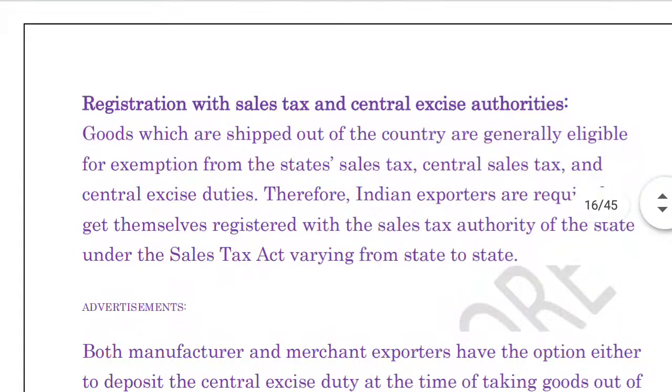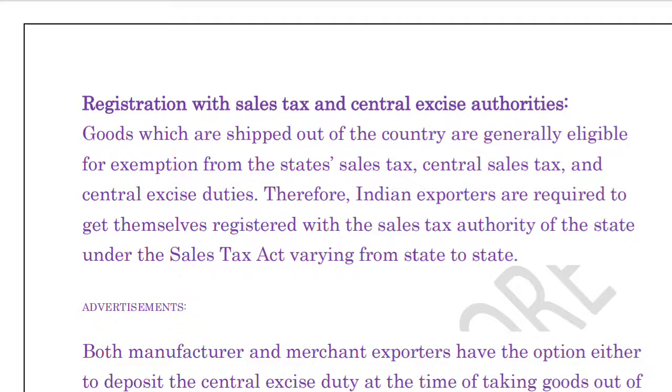Now the second step, registration with the Sales Tax and Central Excise Authority. Goods which are shipped out of the country are generally eligible for exemptions from state sales tax, central sales tax, and central excise duty.